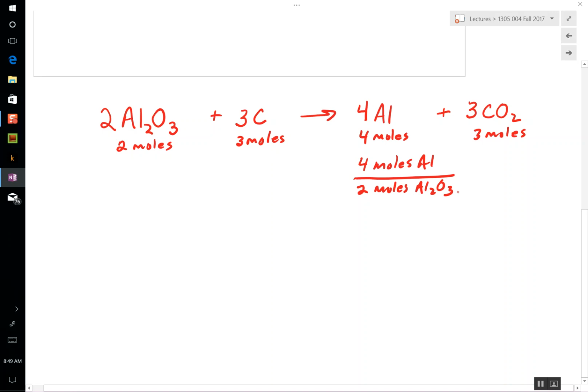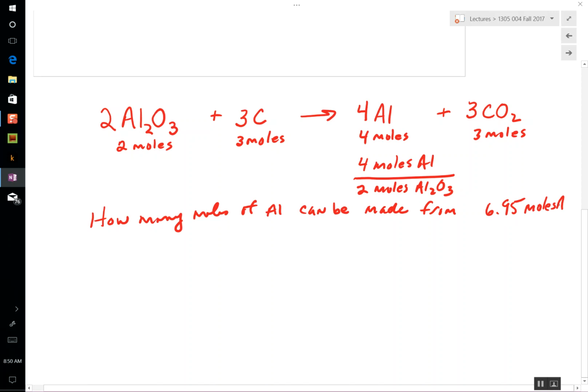These coefficients are telling me the relationship between the moles of aluminum that are going to be produced and the moles of aluminum oxide that reacted. And we did a problem: how many moles of aluminum can be made from, let's just pick a number, 6.95 moles of aluminum oxide?